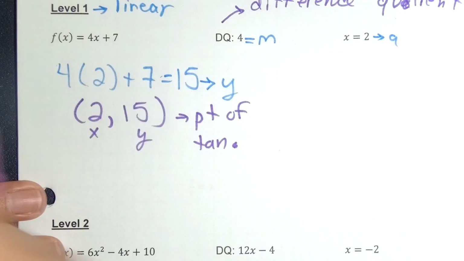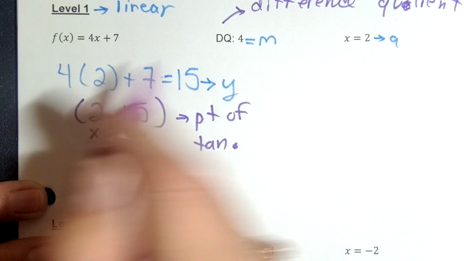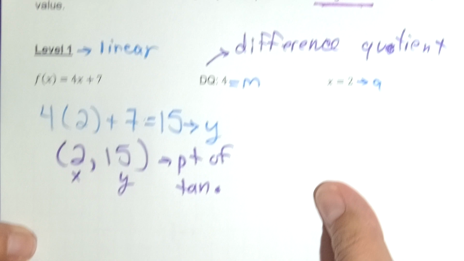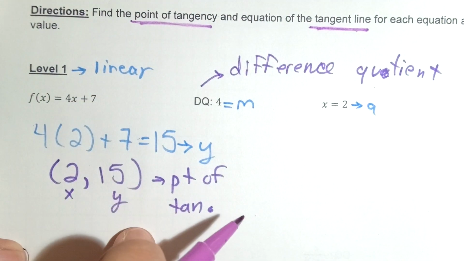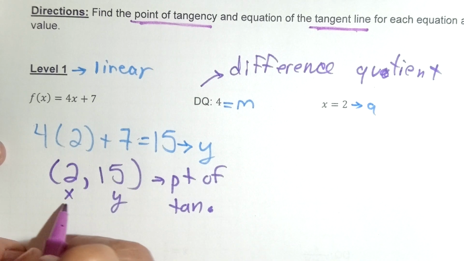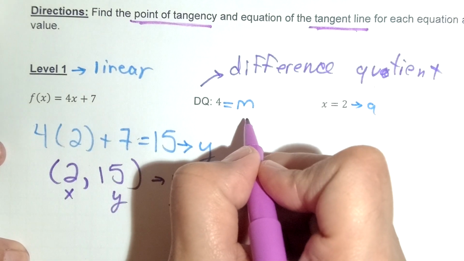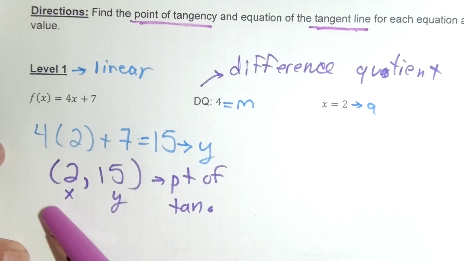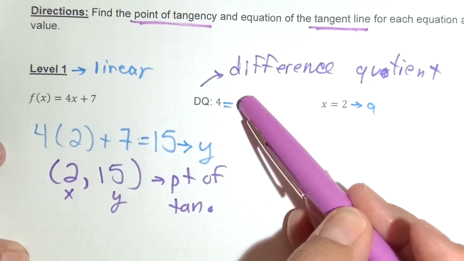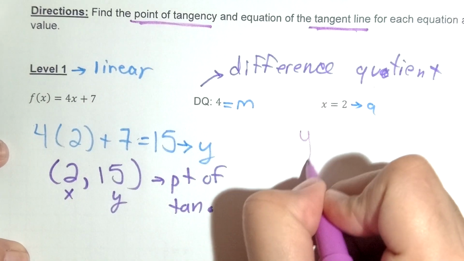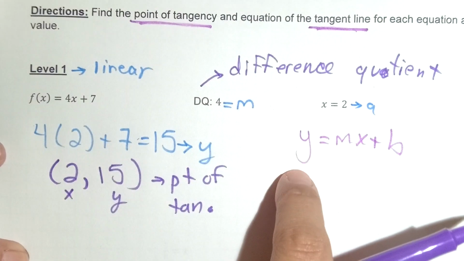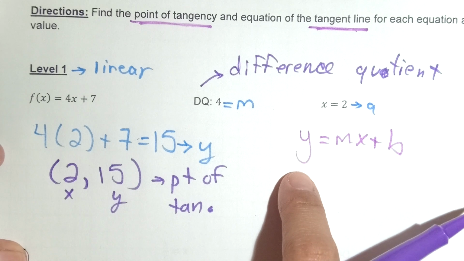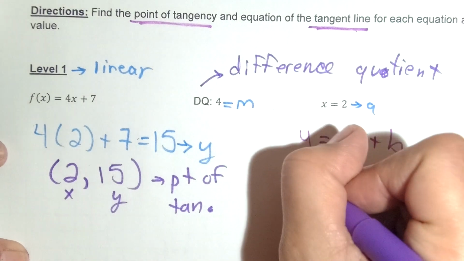So now that I've done the point of tangency, I'm going to look for the tangent line. This is my x, this is my y, this is my slope. Again, x, y, slope. So I'm going to use y equals mx plus b. What goes in y? 15. Very good.